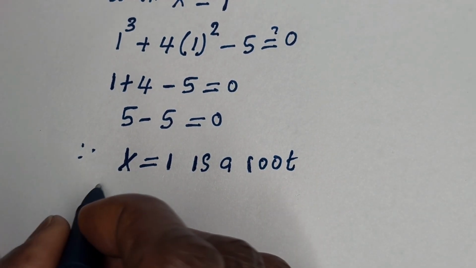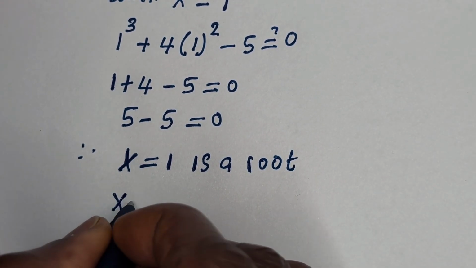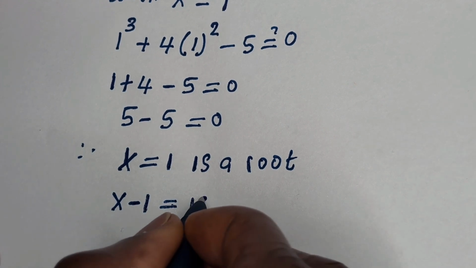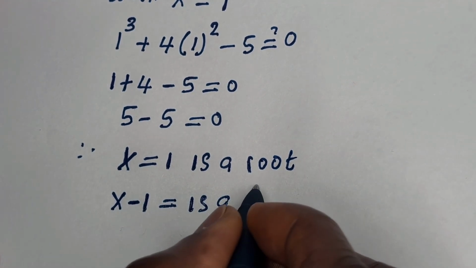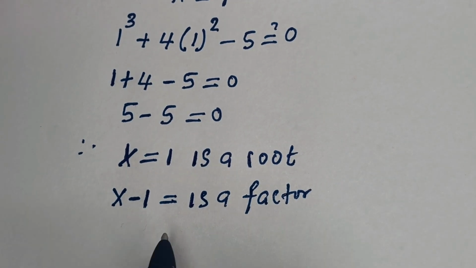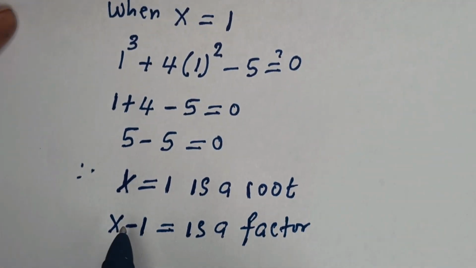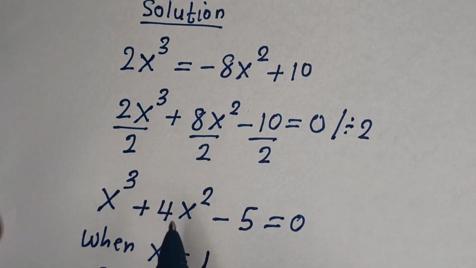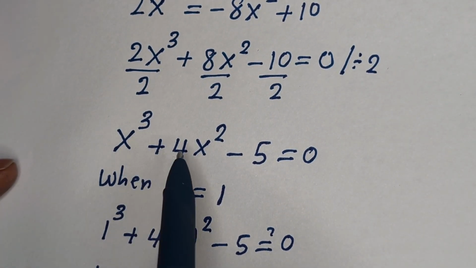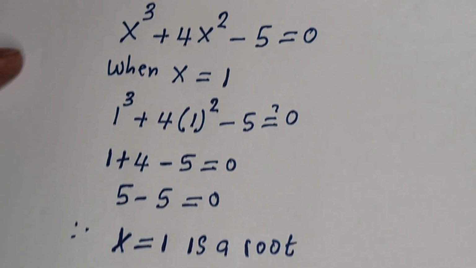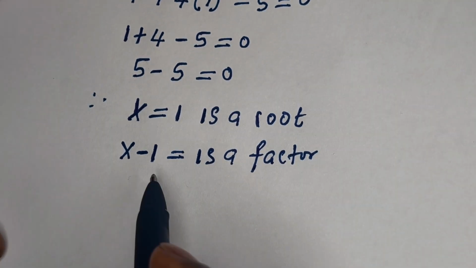Now we have s minus 1 is a factor. Therefore, using long division of polynomial, we need to divide s raised to power 3 plus 4s squared minus 5 by s minus 1.